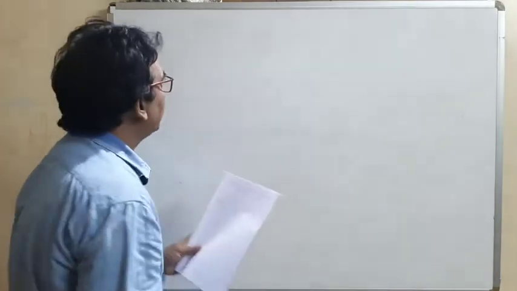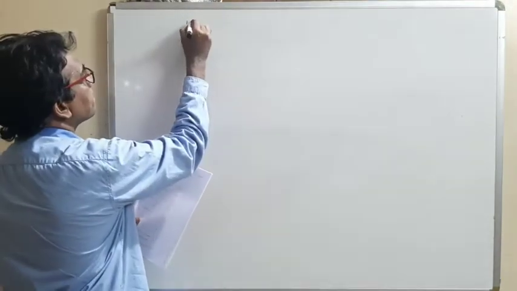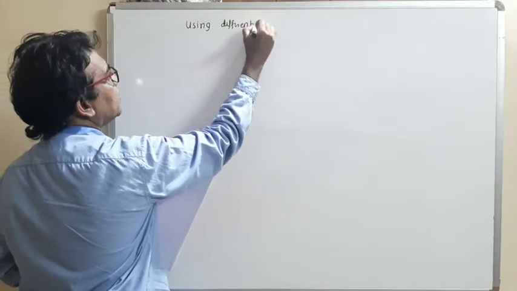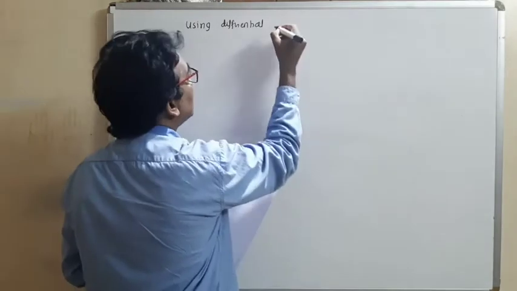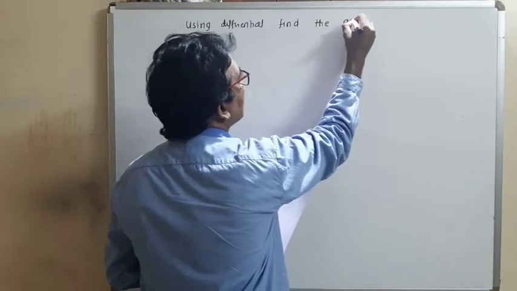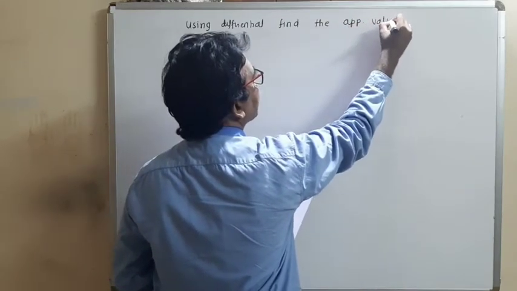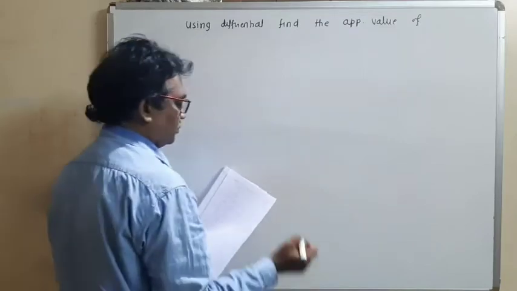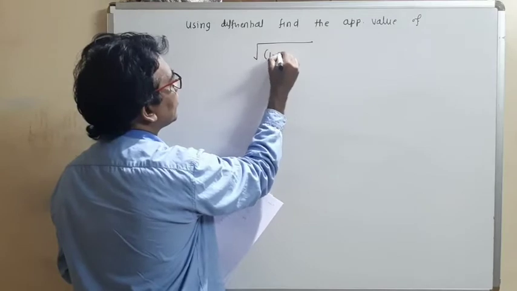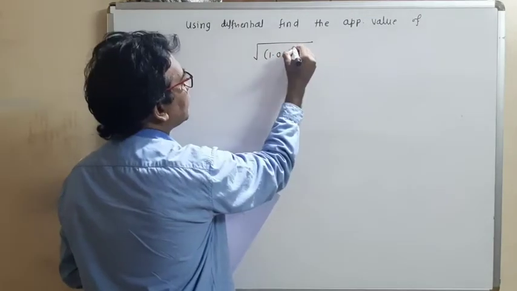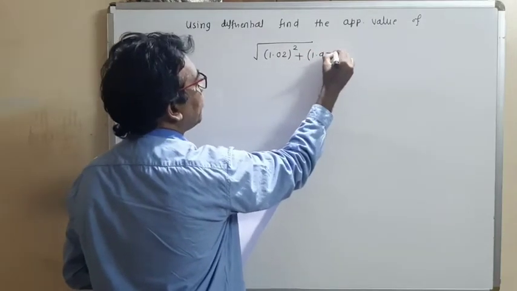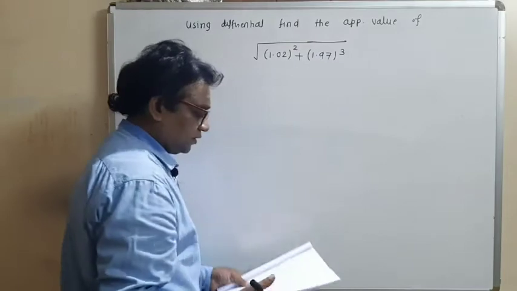Write down the second example. Using differential, find the approximate value of the function under root 1.02 bracket square plus 1.97 bracket cube.